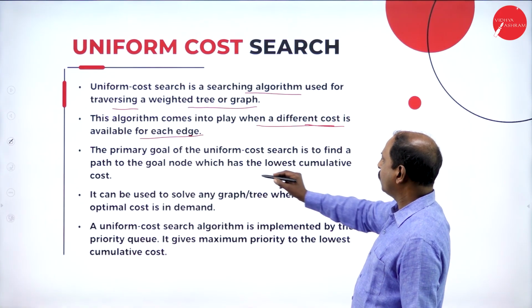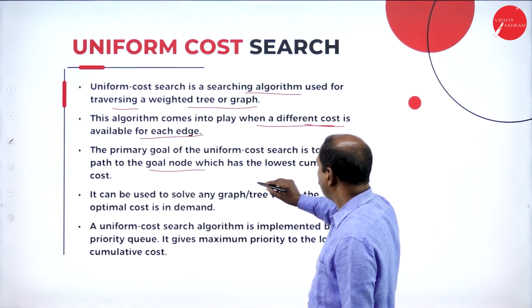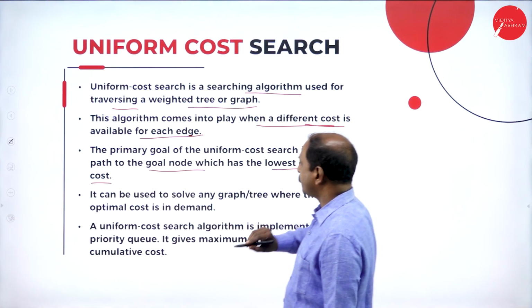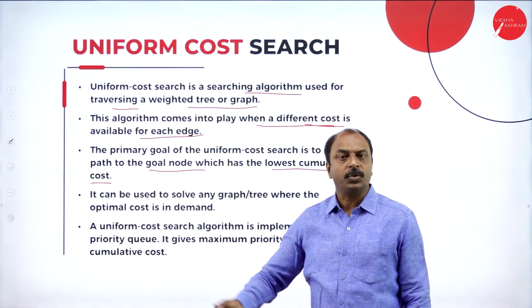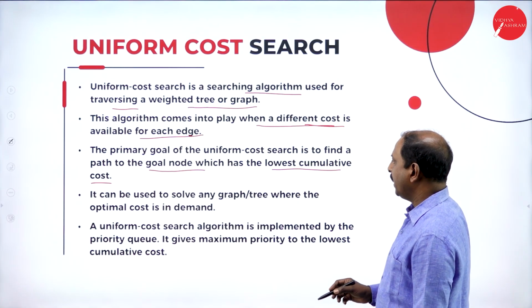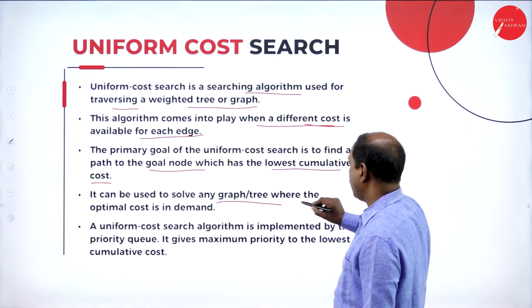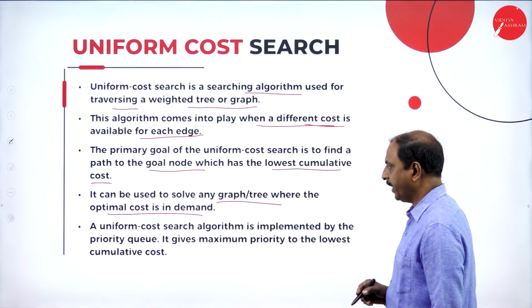Now the primary goal of this is to find a path to the goal node which has the lowest cumulative cost. So it is going to prefer or move to the node where it has the lowest cumulative cost. And it is used to solve a graph or tree where the optimal cost is in demand.